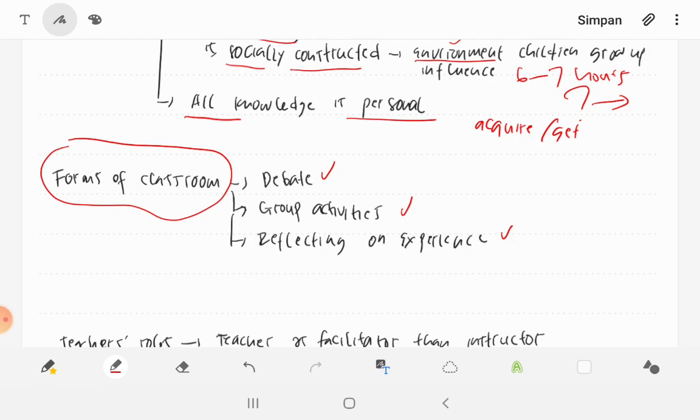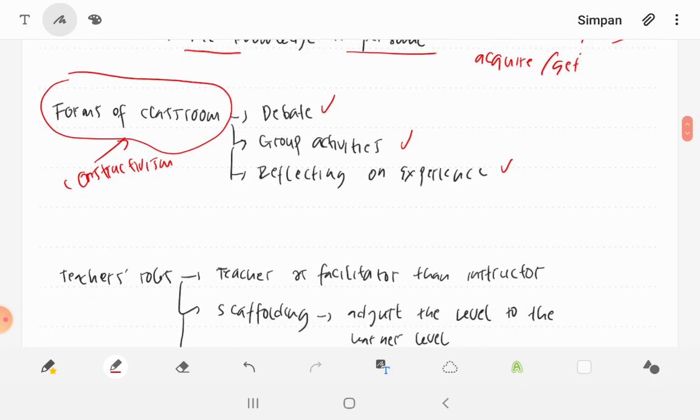For example, in the class, the teacher opens a debate, makes group activities, and reflects on experience. That is the form of a constructivism classroom. The meaning of constructivism, initially, is the way we construct knowledge by experiencing. This is simple, but it needs more understanding of the terms.